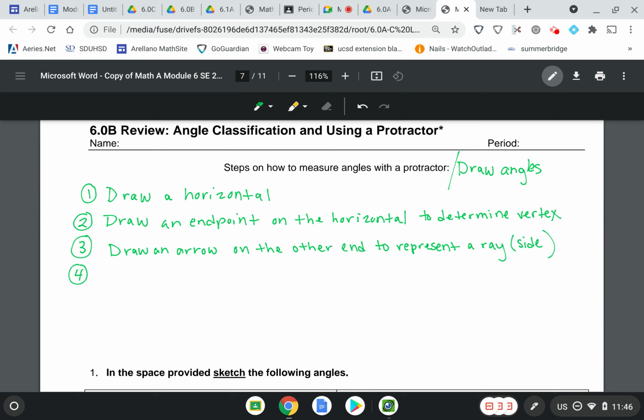Okay, then step 4, you're going to put the center of the protractor on the vertex and align it with the horizontal and with 0 degrees.